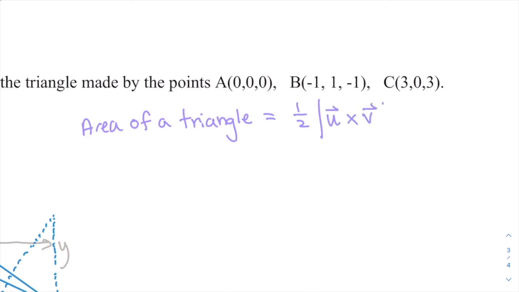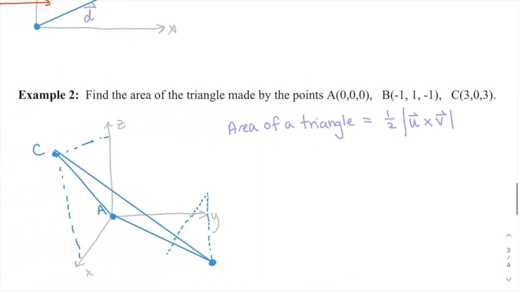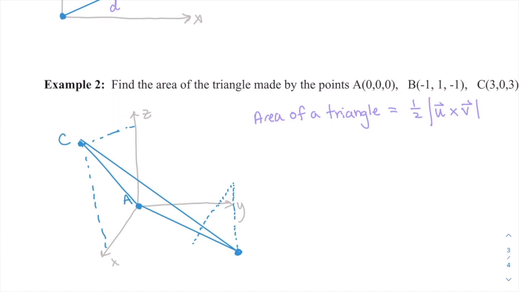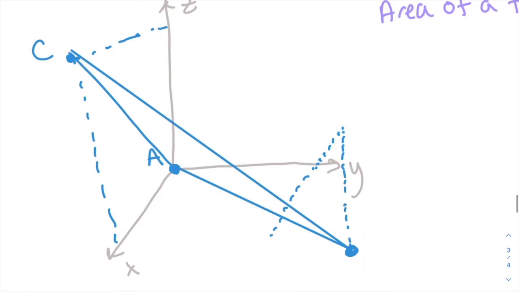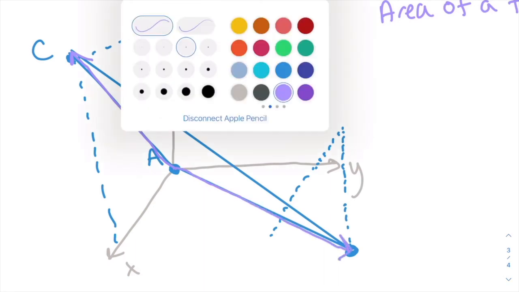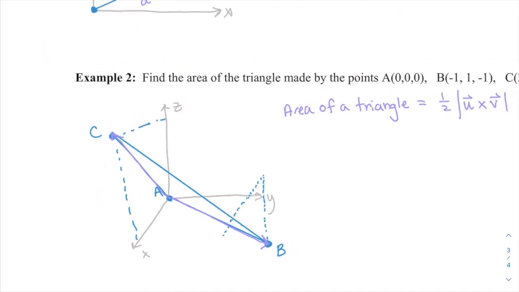So all we need to do is find 2 vectors u and v that we can cross together. One vector we can use is AC, and the other can be AB, right? This is the B point. When we cross them together, we'll get the area of that larger parallelogram, and then we just take half of it.